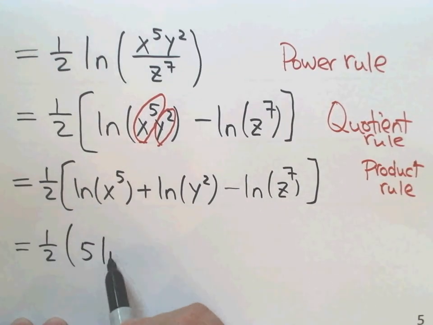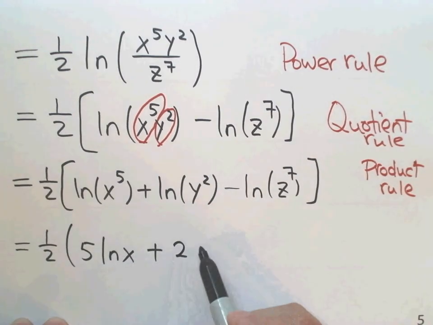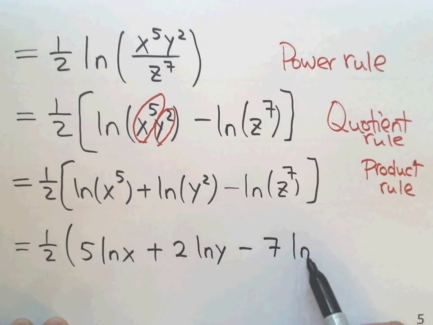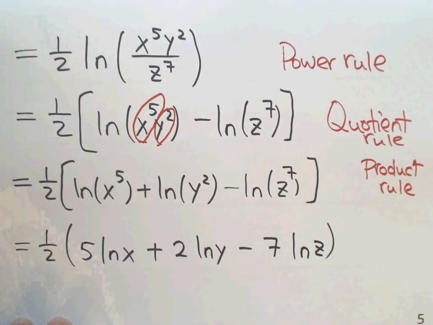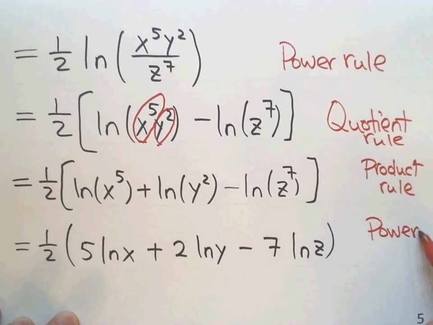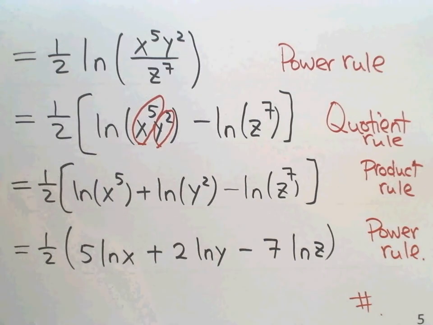This is 1/2, and 5 is the power laid down, ln x. The power laid down is ln y. Take the power down is 7 times ln of z. What's the rule we use? The power rule. Okay, so that's all for these questions.